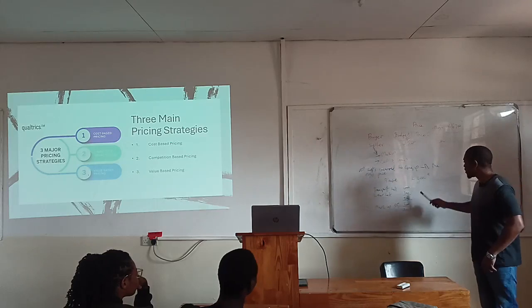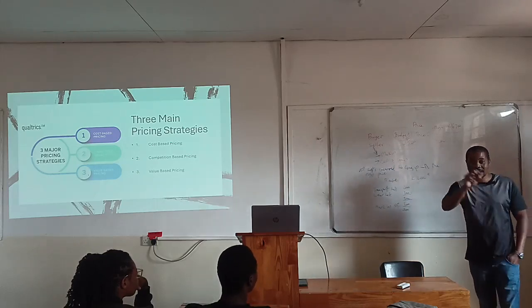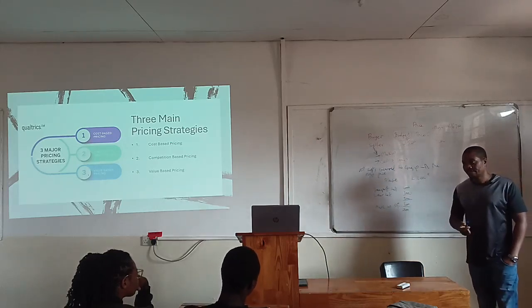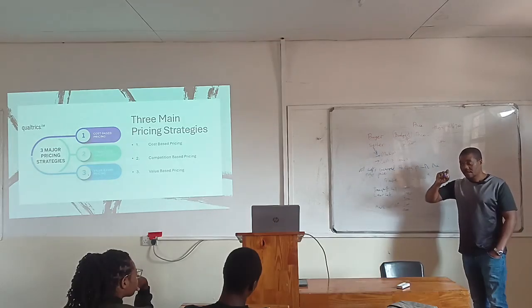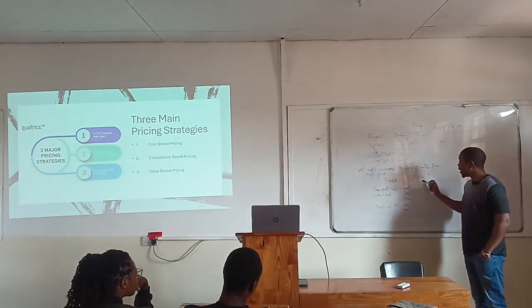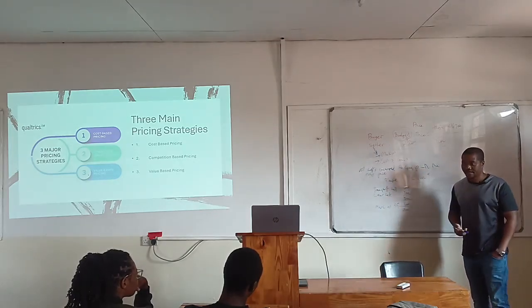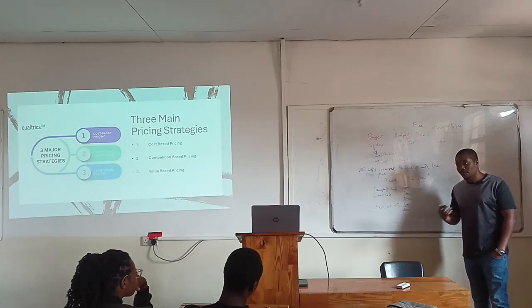But then this price is what you and I, the others, will pay. Are we together? So the higher the costs that you are going to incur, the higher the price that we can pay. Unfortunately.